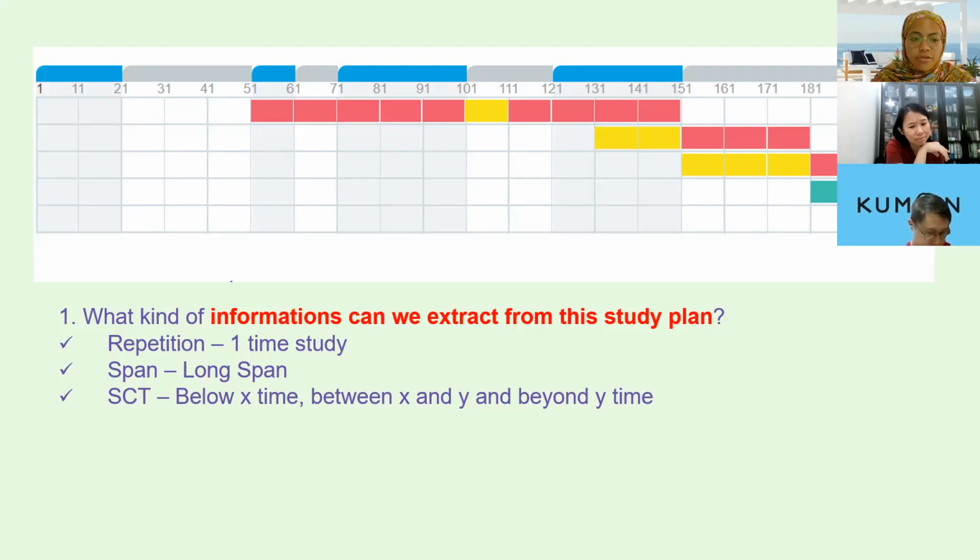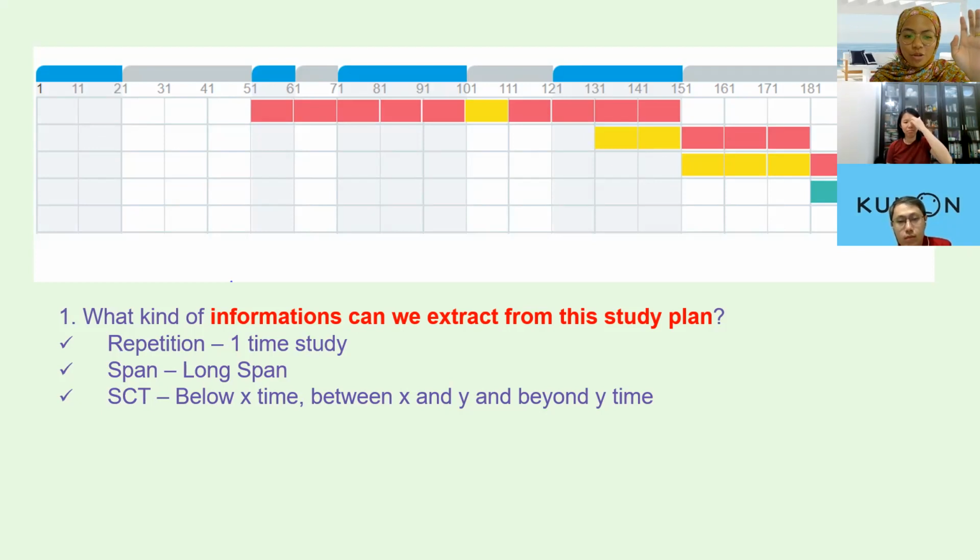So we can see that the repetition you are giving him is one-time study. You give only one repetition overall. Another piece of information you can see, as you mentioned just now, from 51 until 121 it's only straight. It means you are giving him a long spread, right?